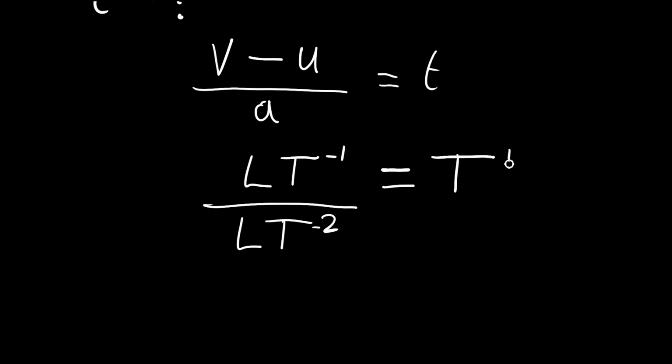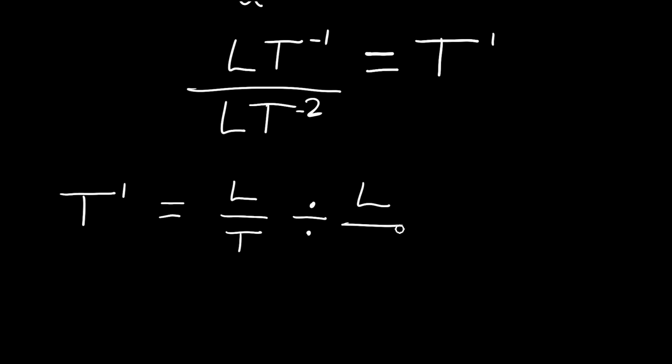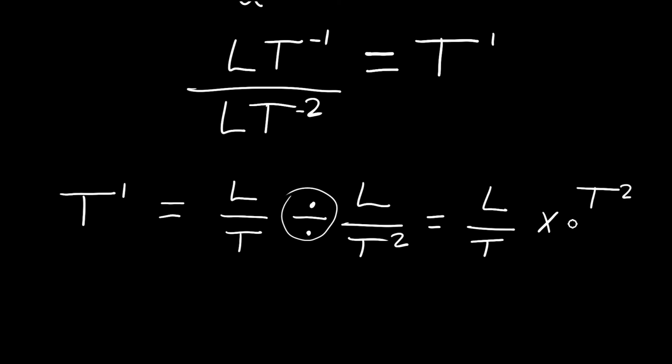Now we can simplify this equation a bit by saying that we have a dimension of time on the left-hand side, and this equals a length divided by a time divided by a length over time squared. And we can remove this division by multiplying by the reciprocal. So this is equivalent to saying a length over time multiplied by a time squared over length.